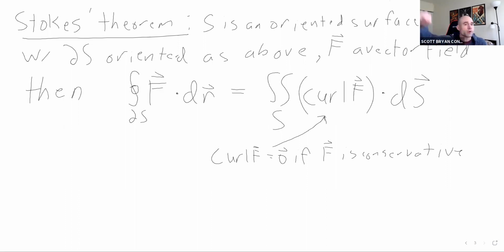And so if we integrate over the boundary, each piece is a closed curve. If you integrate a conservative vector field over a closed curve, you get 0. Same is true here. But if your vector field is not conservative, then you're not going to get 0. But still, we're integrating the thing we check to see that our vector field is conservative.